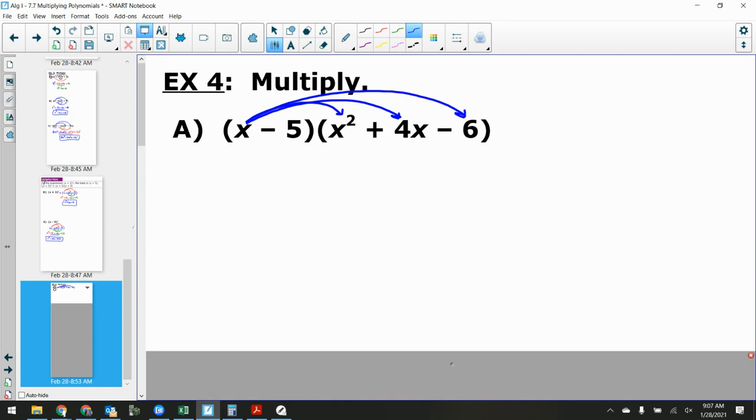What is x times x to the second? X to the first times x to the second. X to the third, because we add exponents. 1 plus 2 would get us to 3. And then we have x times 4x, 4x squared. And then x times negative 6, so negative 6x.